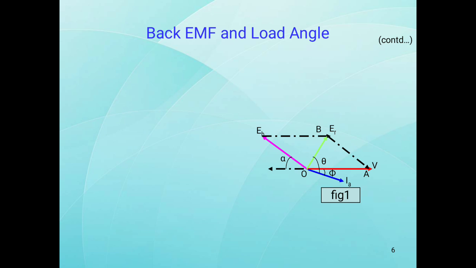Now see here, applying the cosine rule to triangle OAB, where OA is the red mark, OB is the green mark, and BA is the black mark. In the figure, the armature current IA is lagging by angle phi behind the applied voltage V, and V and EB give ER, the resultant voltage.